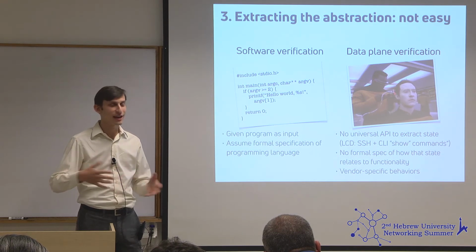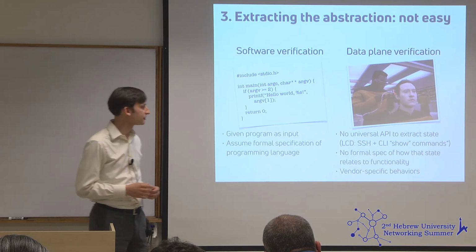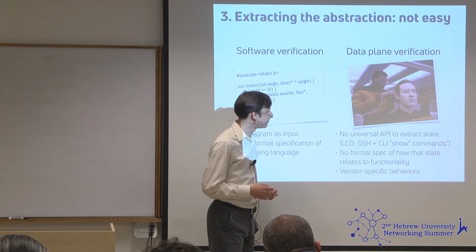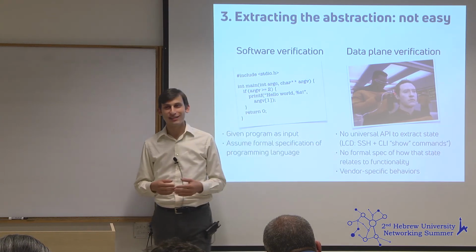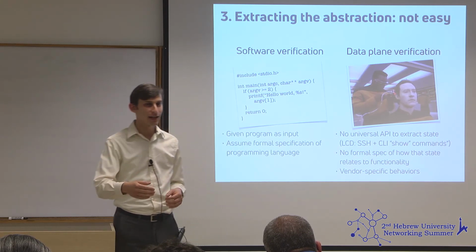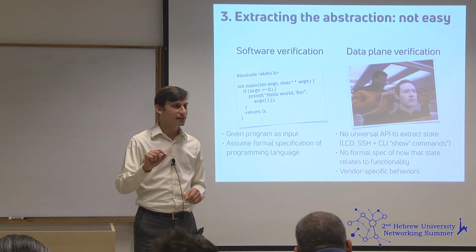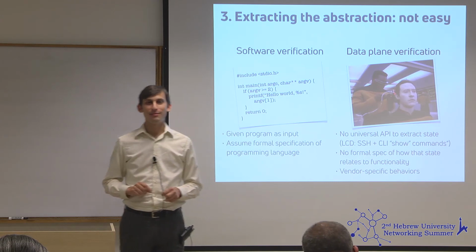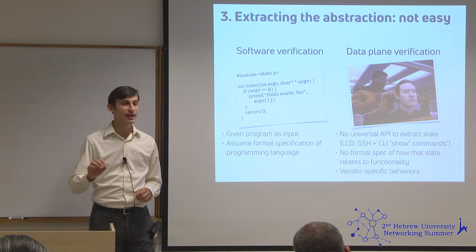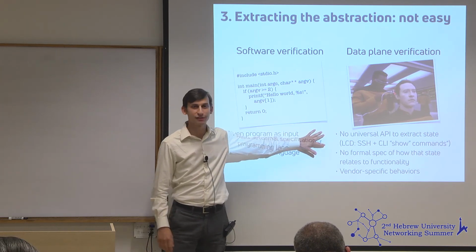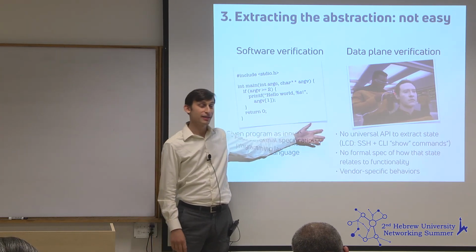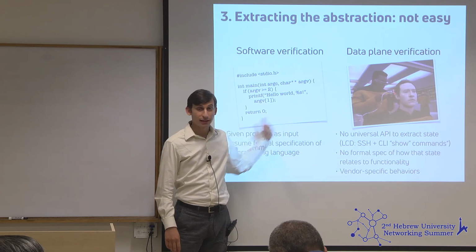There are multiple kinds of ACLs and multiple kinds of forwarding tables for different protocols. So the least common denominator is SSHing into a box and running commands that say, show IP route or whatever, and print that out.